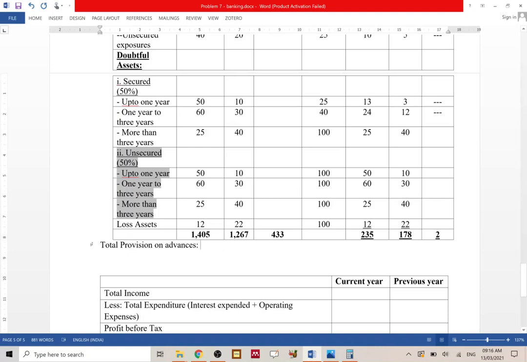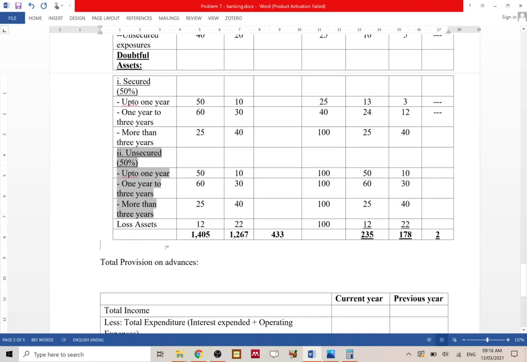So the total provision on advances is 235 plus 178 plus 2, and that gives you 415. The total of all the provisions on advances is 415. So this 415 is going to go in the provisions and contingencies.